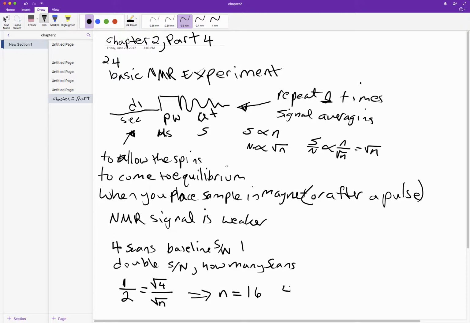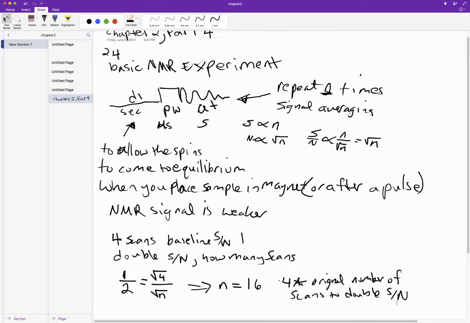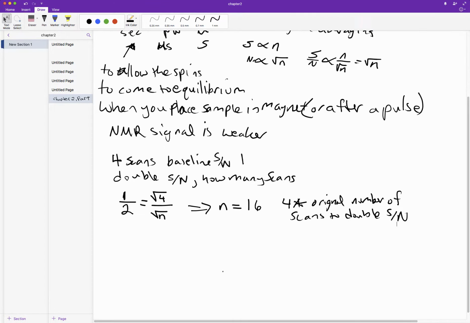So we need 4 times the original number of scans to double the signal to noise. You don't do twice the number of scans to get twice the signal to noise. You have to do 4 times the number of scans. And that applies to anything.